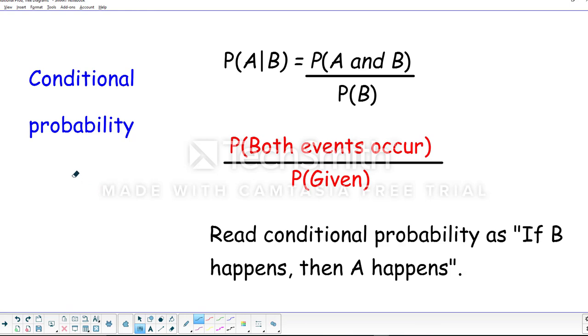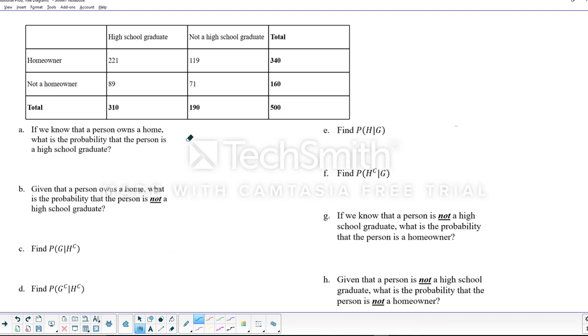Another way I like to think about this that's going to help me get the fraction right: if I were to turn that vertical bar, just tilt it a little bit, I would have A over B, and it shows me that this is my given, and the given part should always be the one that's going to go in the denominator. So let's go ahead and take a look at our half sheet example now, and we will answer a couple of these questions, and then I will let you answer a couple of the other ones on your own.